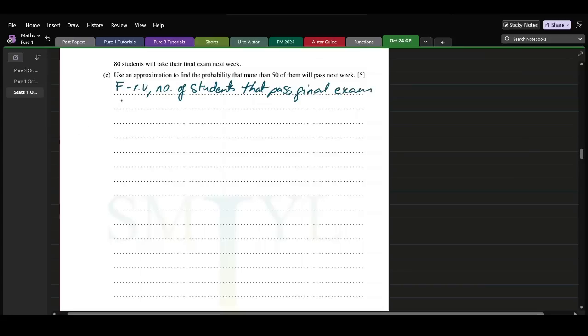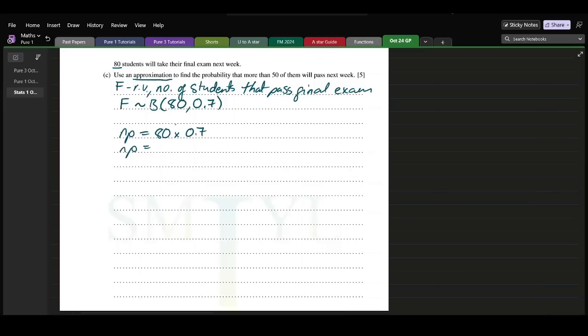Alright, and f follows a binomial distribution since we have a fixed number of trials, 80, and our probability of success is still 0.7. But they've told us to use an approximation, so that means we're going to use the normal approximation to the binomial distribution. So to do that, let's first evaluate NP. NP is 80 times 0.7, which gives us 56.